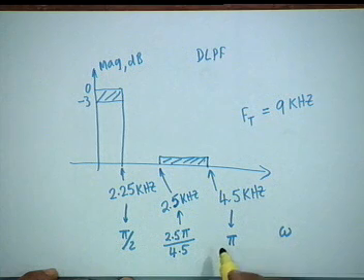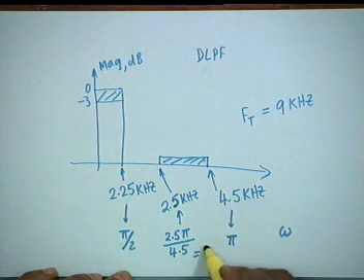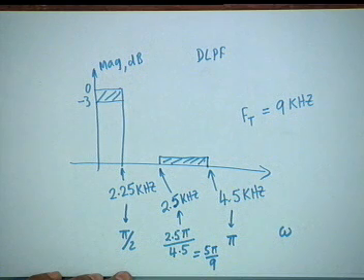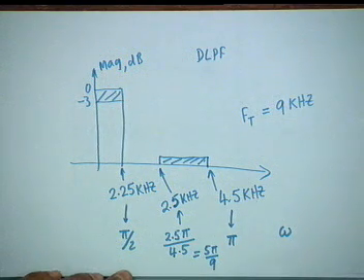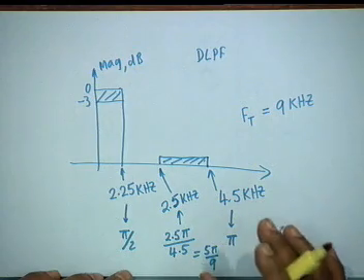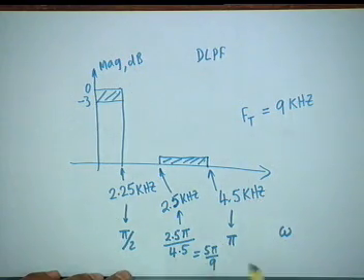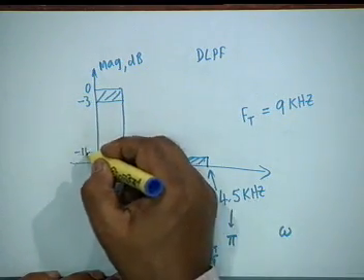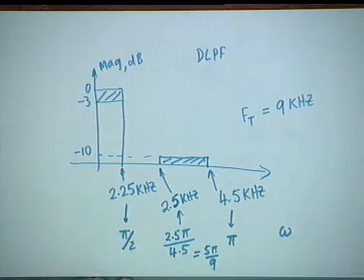How much is that? Well, let's say 5 pi by 9, about 0.55. Let's keep it like this as long as we can. Delta S is minus 10 dB. Yes, this is what we require.